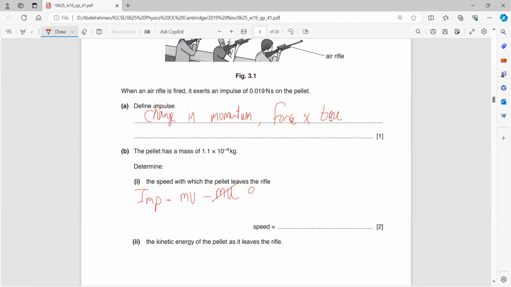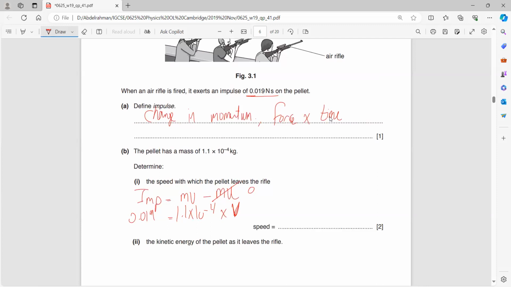We have the mass, 1.1 times 10 to the negative 4, times v. I don't know the speed. The impulse, I have the impulse.